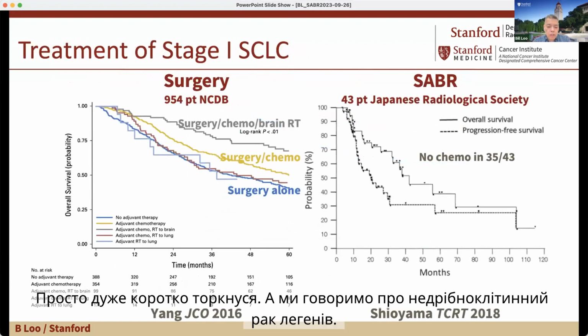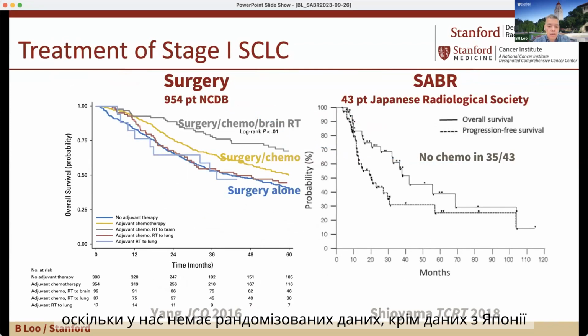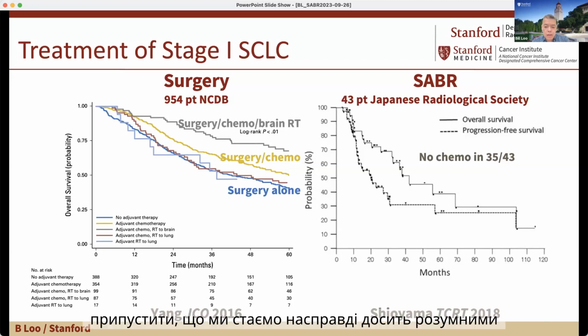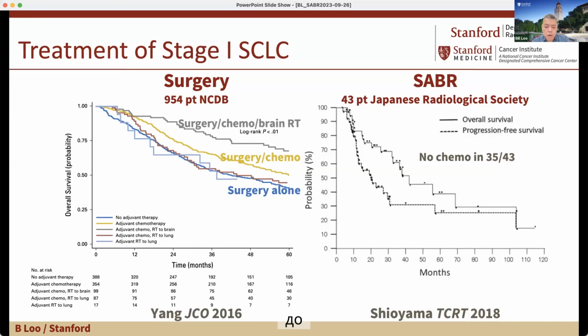Just very briefly, we talked about non-small cell lung cancer. What about stage 1 small cell lung cancer? Historically, we have no randomized data, but the data from Japan suggests that we get pretty reasonable outcomes in small cell lung cancer treated with SABR to the primary tumor.